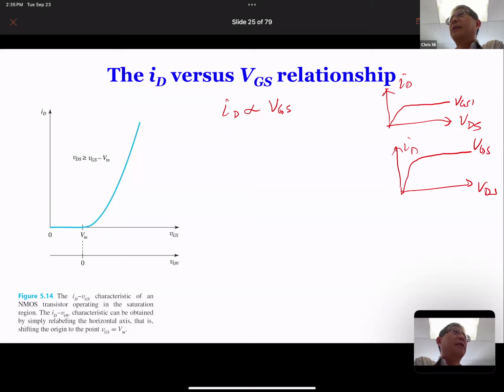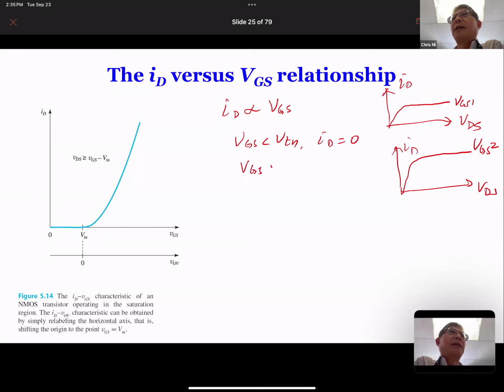So VGS2 is larger than VGS1, right? If you use interpolation, you can find the relation between ID and VGS. When VGS changes, the current will start to change. It also has to be larger than VTN. If it's less than VTN, there's no current. So if VGS is less than VTN, ID is equal to 0.